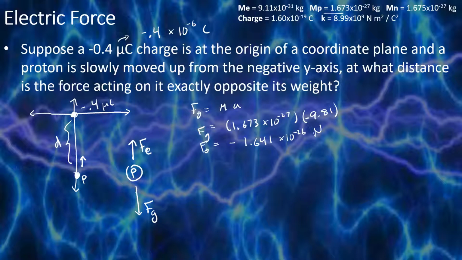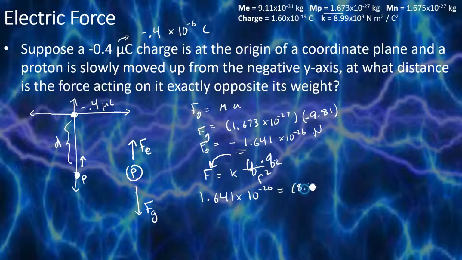So, what this question is asking is, what is this distance right here where this electric force, this force due to charge, is going to balance out with the force down. So we have the force down. So our force due to the charges is going to be K times the first charge times the second charge divided by the distance squared. So we know that this is our force. Now we aren't going to do the negative. We're going to ignore that piece.